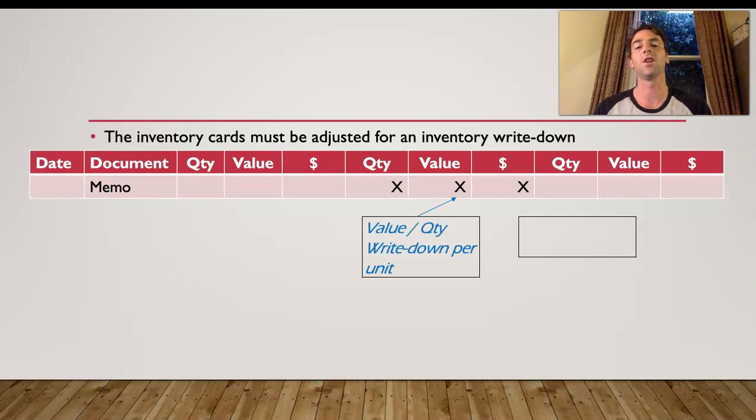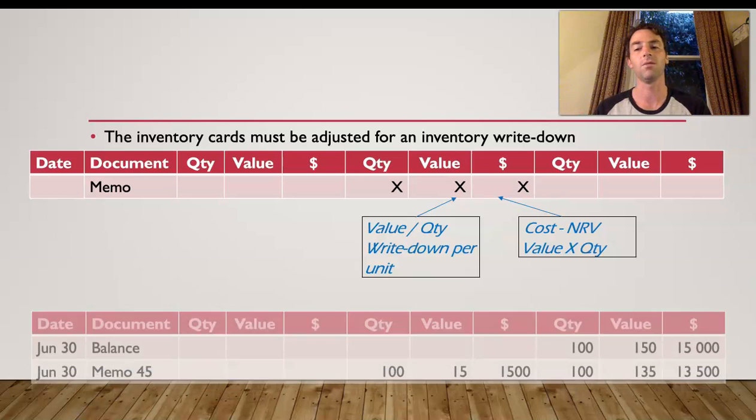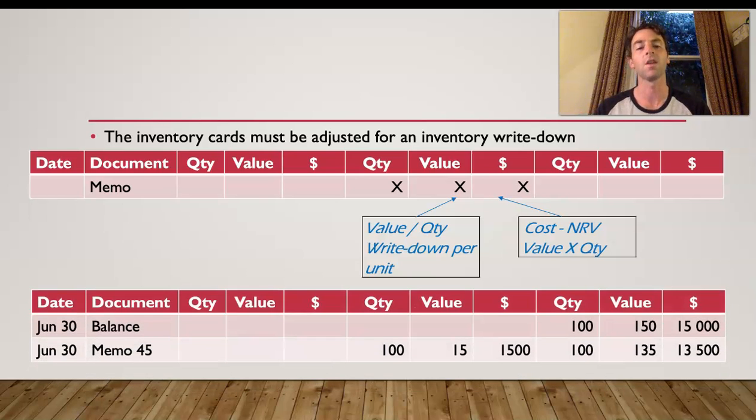The value is going to be the amount of the write-down per unit, and the dollar is going to tell us how much that total value is. Probably easy to show in an example. In this example, let's say we had 100 speakers at their cost price of 150.